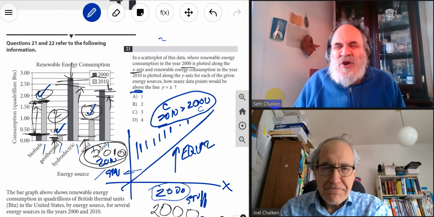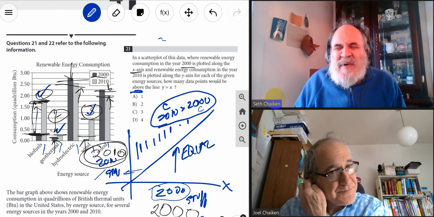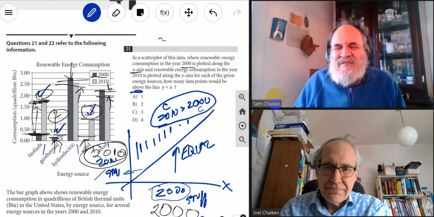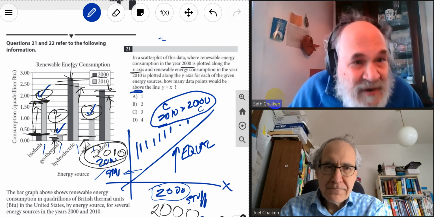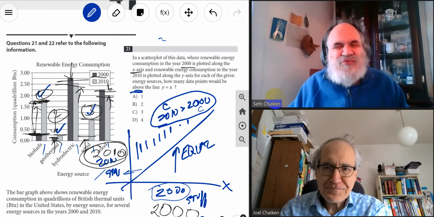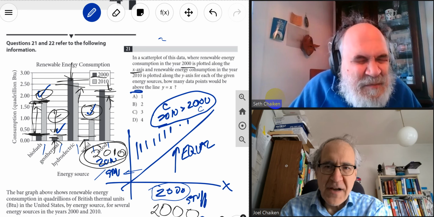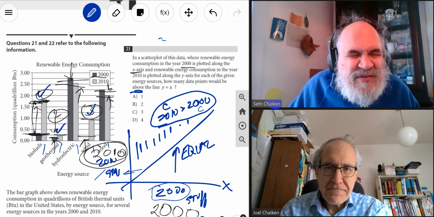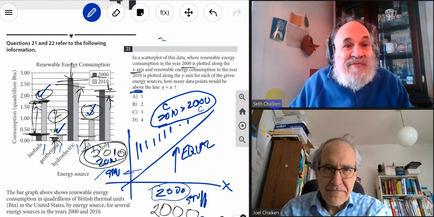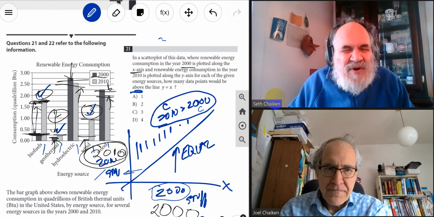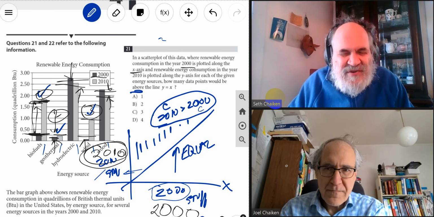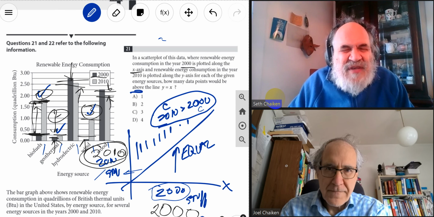And notice you don't have to worry about what the units are. Right. You don't have to worry about the context of the energy or whatever. Yeah. Energy consumption, whether it's renewable or not, or the kind of renewable energy. Right. But you do have to be concerned about the number of kinds of energies, because that's 3 out of 5.